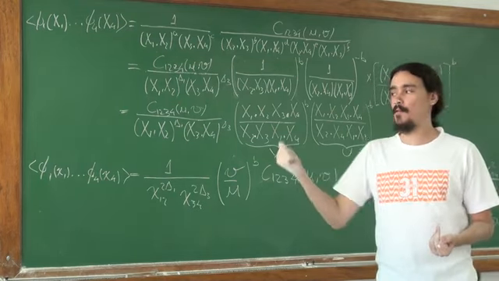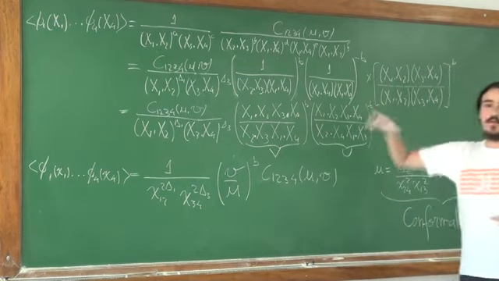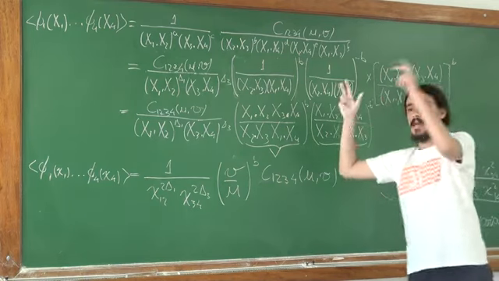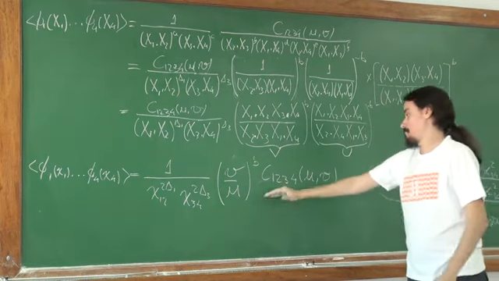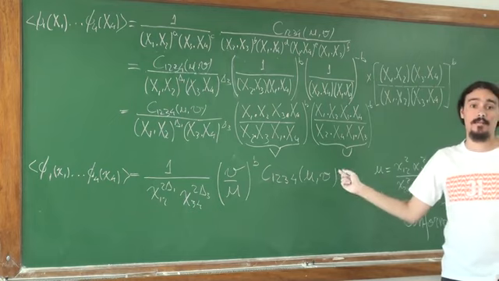So that is the reason the structure constant in the 3-point functions became a function itself of these two variables.